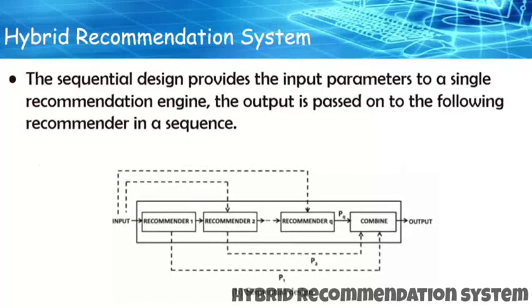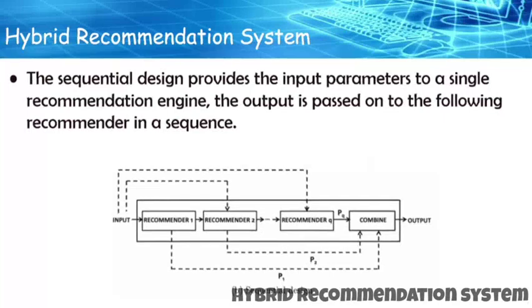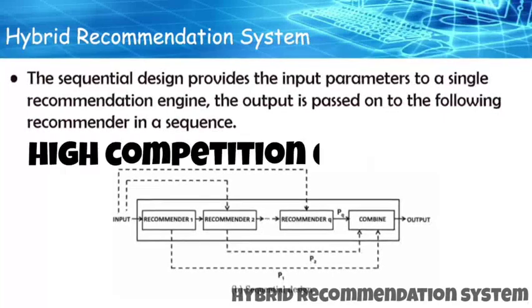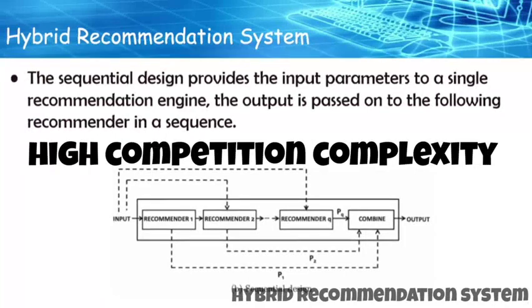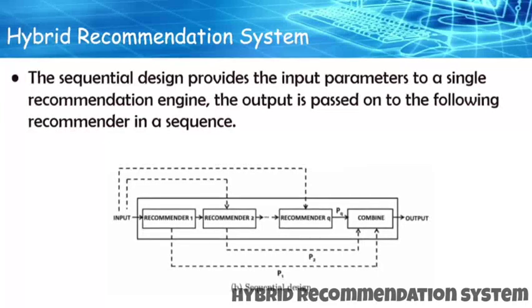This yields more robust and personalized recommendations for users. Coming to the disadvantages, these types of models generally have high computational complexity. They require a large database of ratings and other attributes to keep up to date.